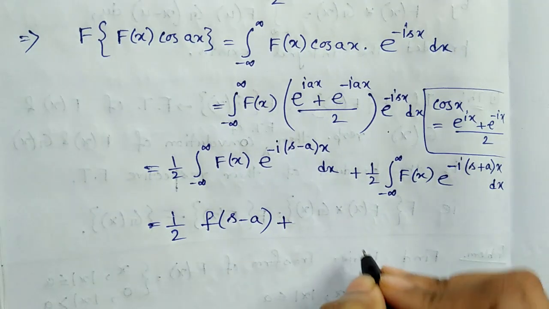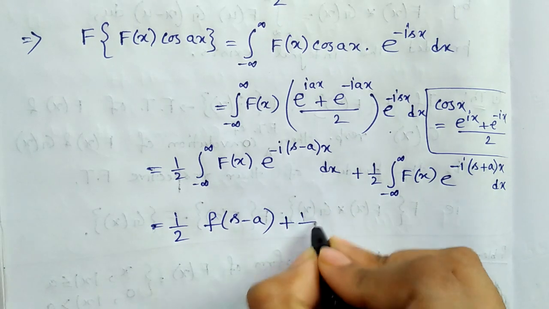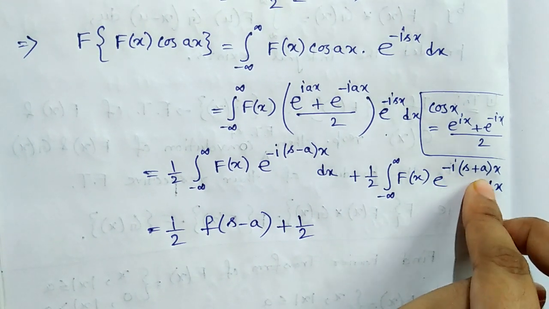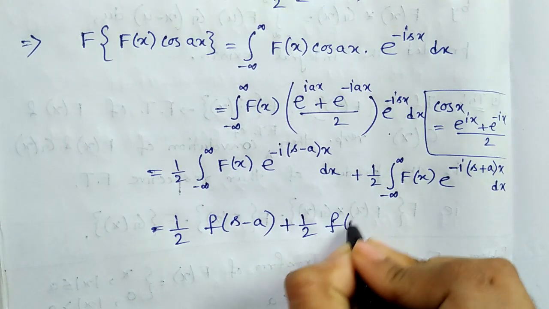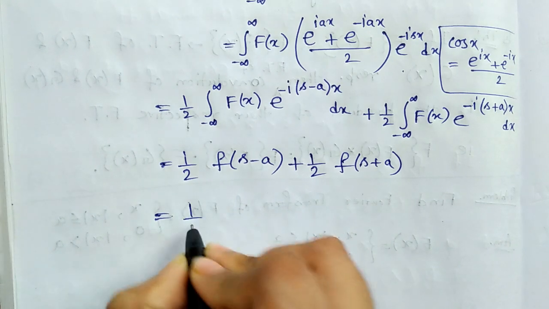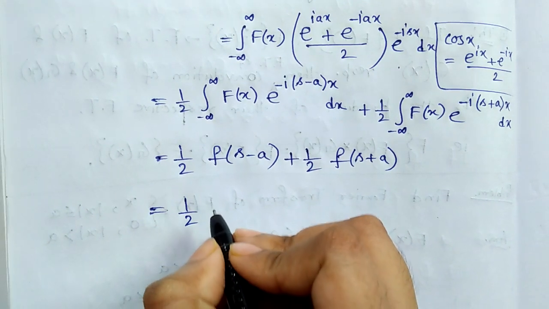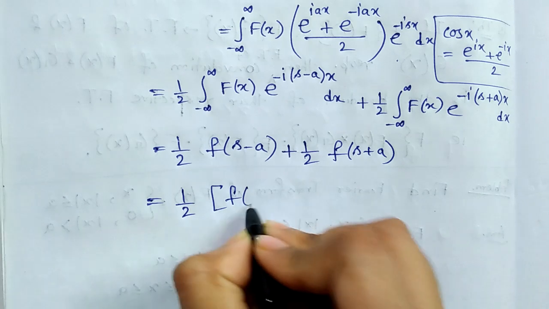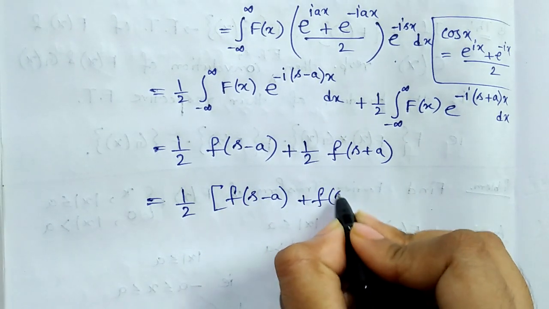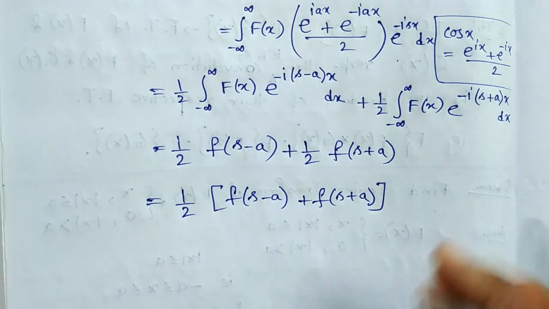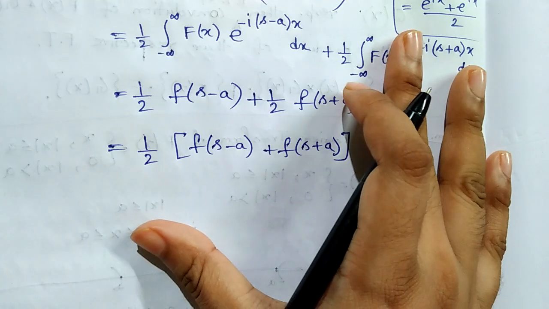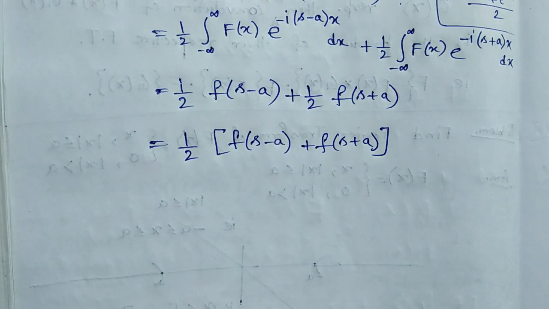Similarly, we can write e to the power minus i(s plus a)x as F(s plus a). So this is our final result, half of F(s minus a) plus F(s plus a). So modulation theorem proved.